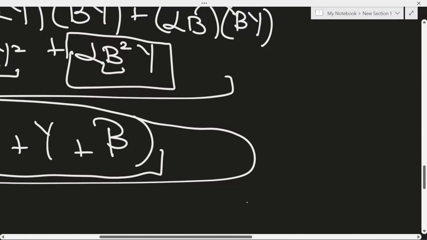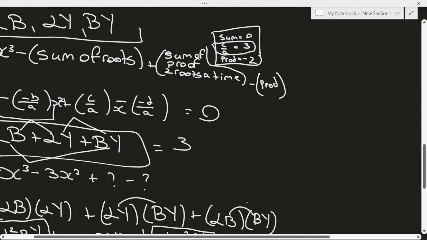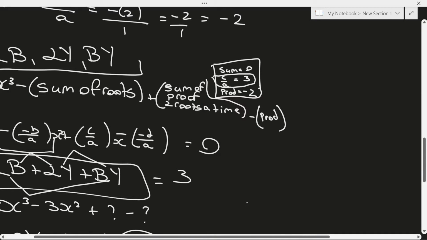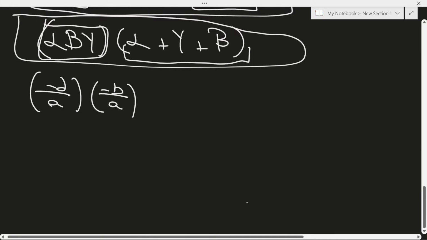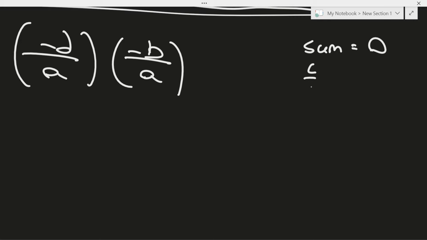From earlier, we would have known that the sum of the roots is equal to 0. I'll write this back over here so it's easy to see. Sum equals 0, c over a equals 3. By now you should remember c over a is the sum of the product of two roots at a time, and minus d over a equals minus 2.